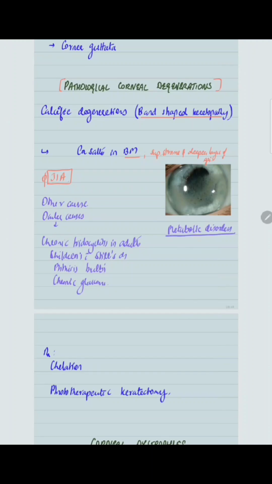Now coming to metabolic disorders, it is secondary to elevated serum calcium and phosphate. Causes include sarcoidosis, vitamin D toxicity, hyperparathyroidism, chronic renal failure and metastatic bone diseases.